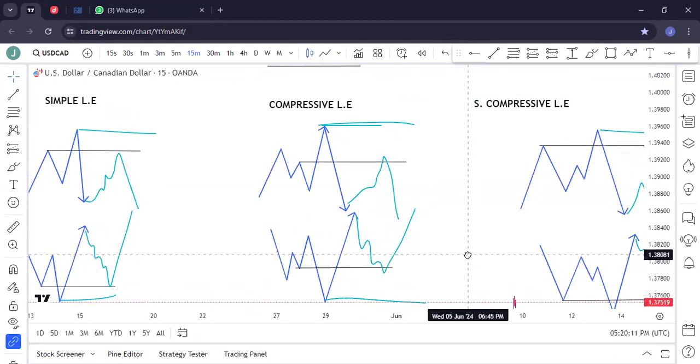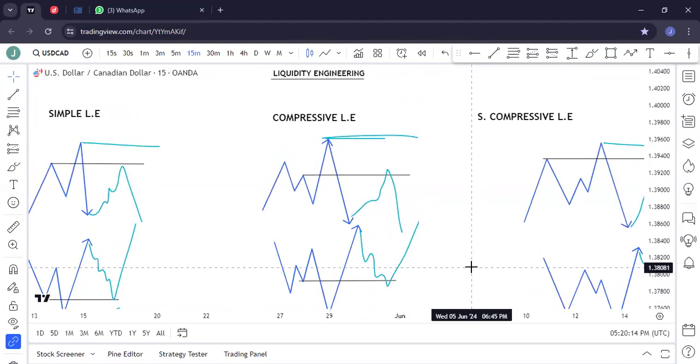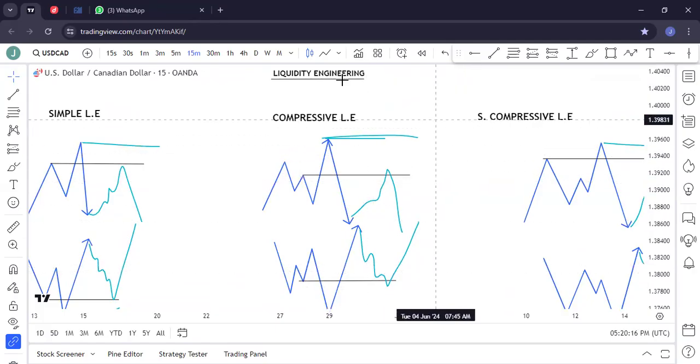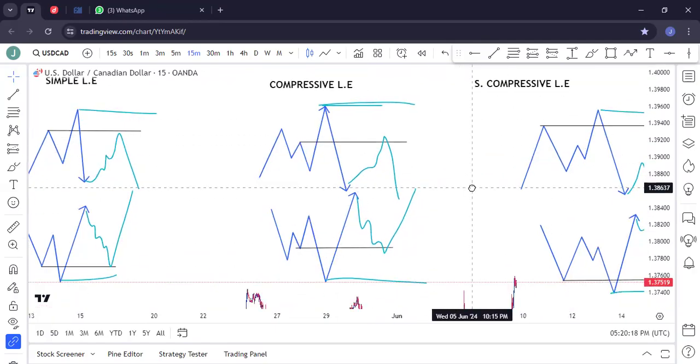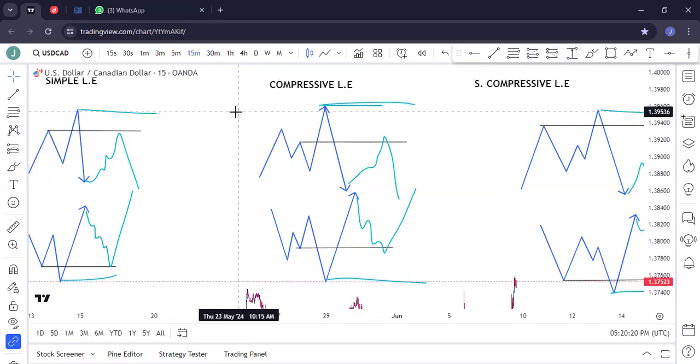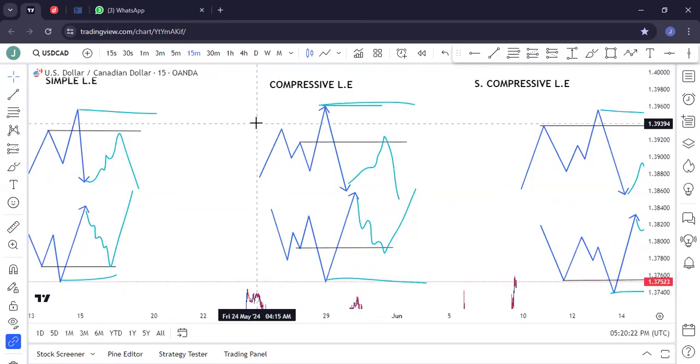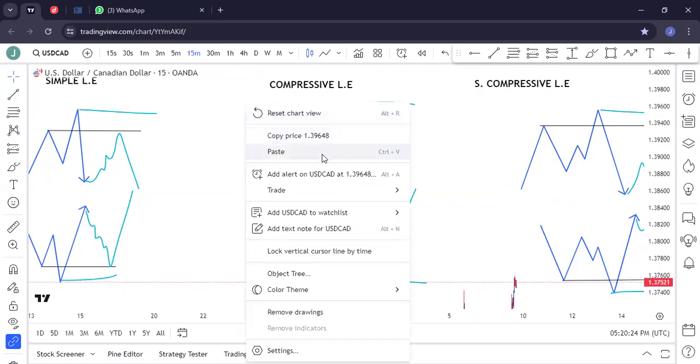All right. So after learning the theory, let's go to the chart so that we can learn through examples.